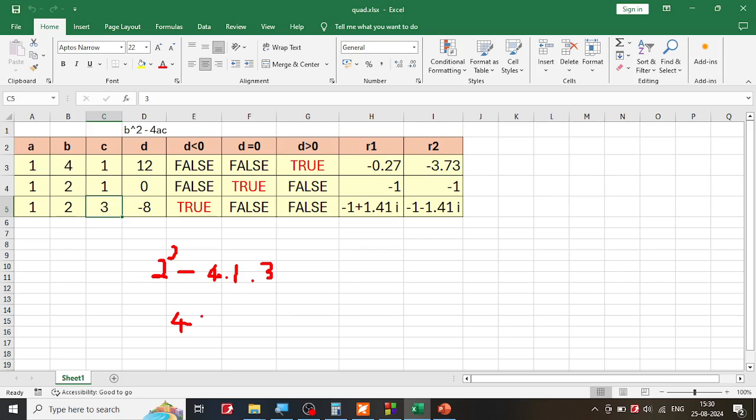So 4 minus 12, which is minus 8. So what you are going to get here is minus 8.